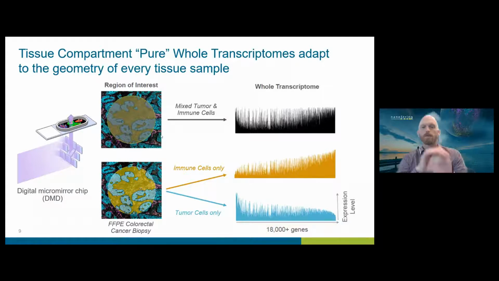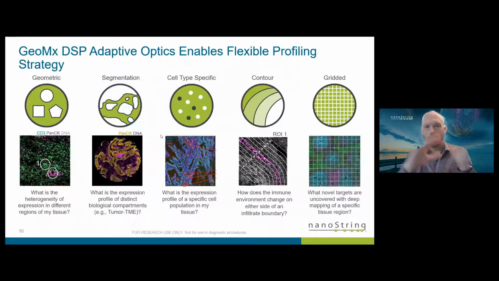So this is a great example of how you can use those morphology markers to segment on your regions of interest and really understand how the different structural features of the tissue that you're working with relate to the transcriptional and protein function and expression levels. So there's a number of different profiling strategies that are available to our users.